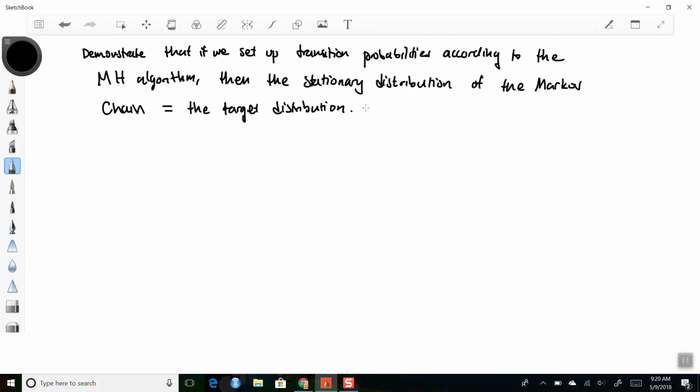Which means that if you allow the Markov chain to run forever, the values drawn from the Markov chain will converge to its stationary distribution, which is the target distribution, which is what we want, right?